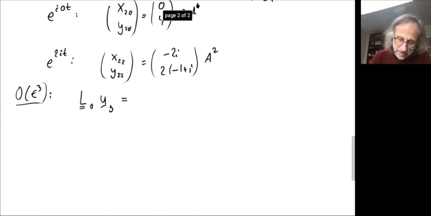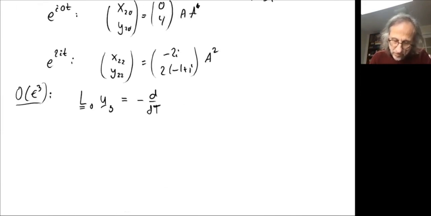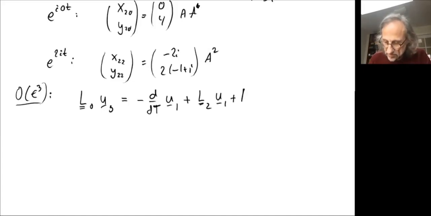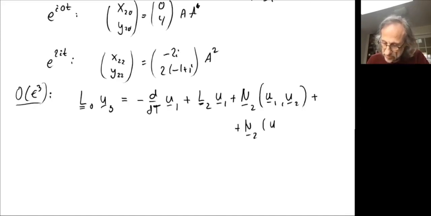We have minus a slow time derivative of U1 plus L2 also on U1, and then we have plus N2. That's a quadratic nonlinearity, and it needs to contribute to cubic order, so it can do that in two ways. It can have a U1 and a U2, or it can have a U2 and a U1 in its two arguments.